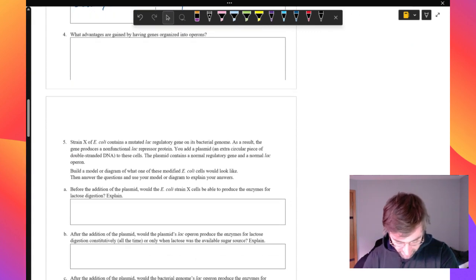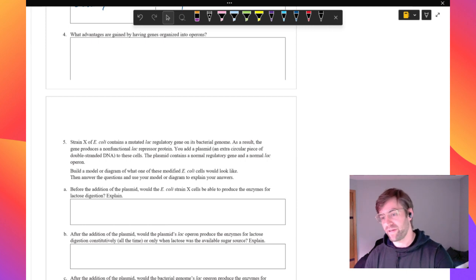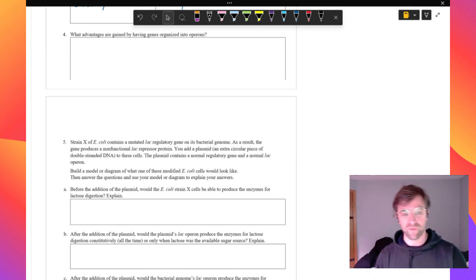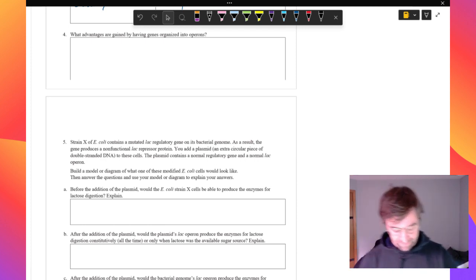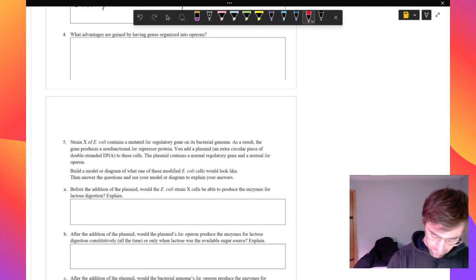What advantages are gained by having genes organized into operons? So why bother with any of this? Why all of the control mechanisms? A lot of it comes down to efficiency, right? What you achieve is a cluster of functionally related genes that are controlled by a simple on-off switch.